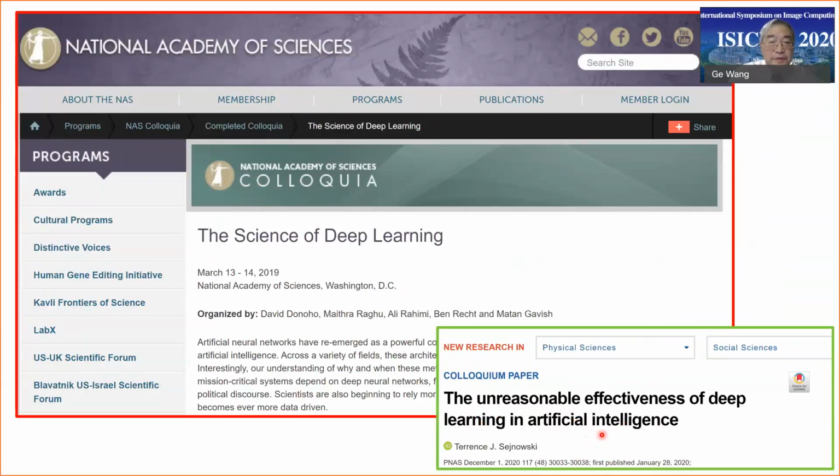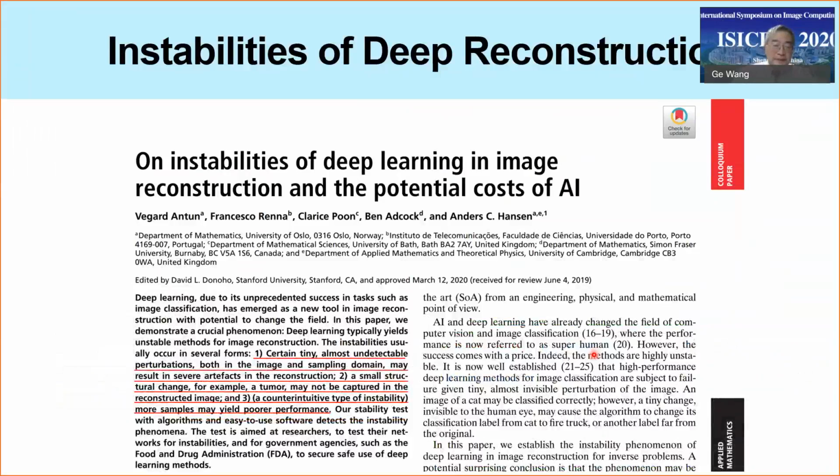So we all know the remarkable success in various fields. And very relevantly, another paper in the special issue talks about a problem with deep tomographic reconstruction, entitled On Instability of Deep Learning in Image Reconstruction and the Potential Cost of AI.